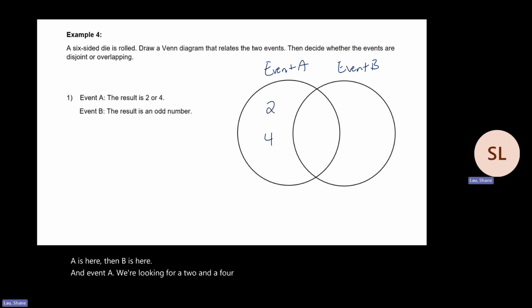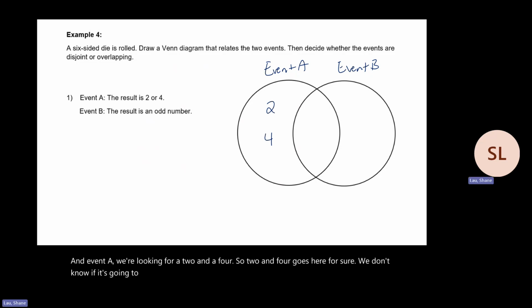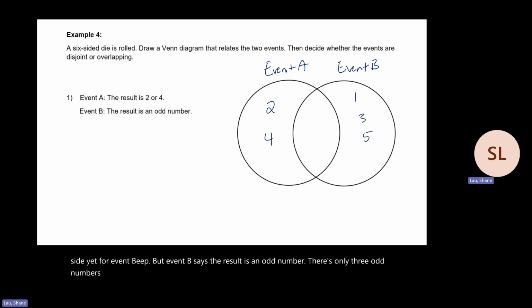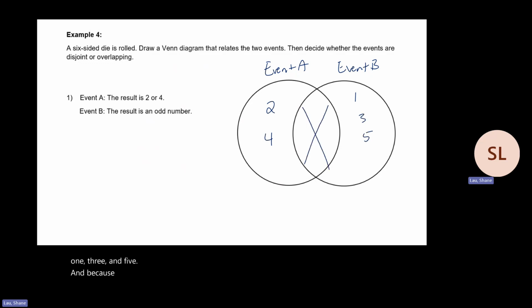So 2 and 4 go here for sure. We don't know if anything will be in the middle yet because we haven't looked at the right-hand side for event B. Event B says the result is an odd number. There are only 3 odd numbers, 1, 3, and 5. And because there is nothing in the middle here, these are disjoint events.